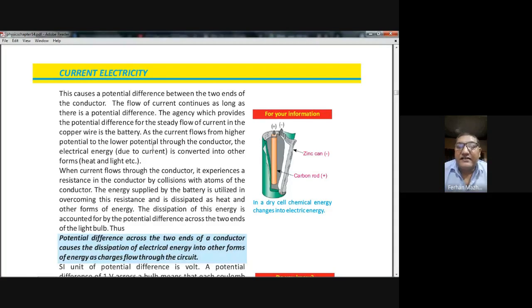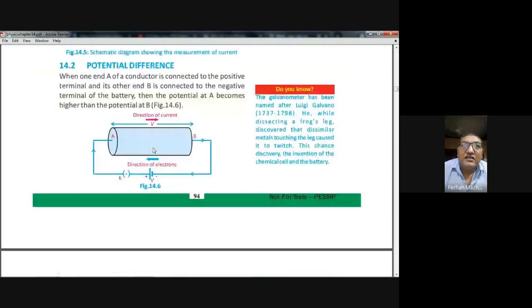It means that, for example, if you look at this circuit, if you want to know what's the potential difference between A and B, the potential difference between A and B will be the amount of electric energy converted into other forms of energy when unit charge flows through this resistor.